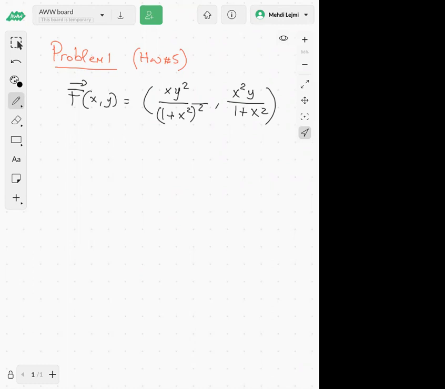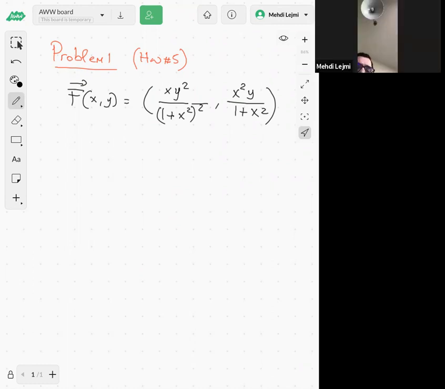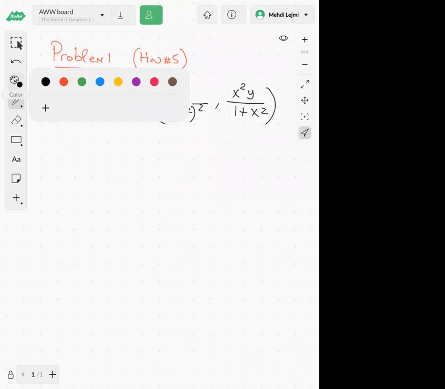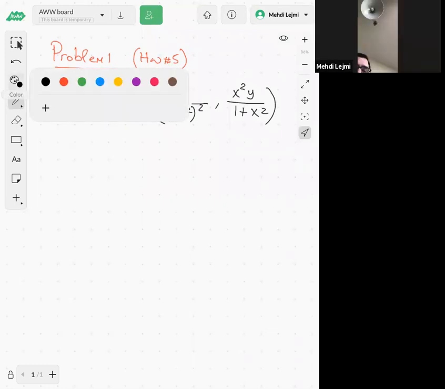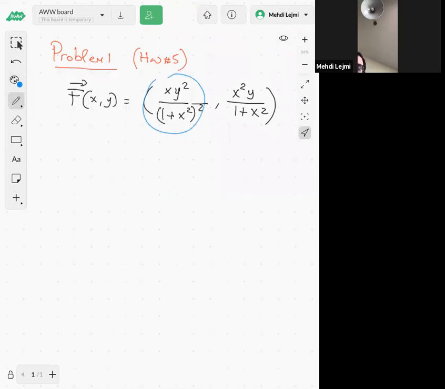Okay, let me go over the problem. So this is supposed to be the derivative of f with respect to x, and this is the derivative of f with respect to y.